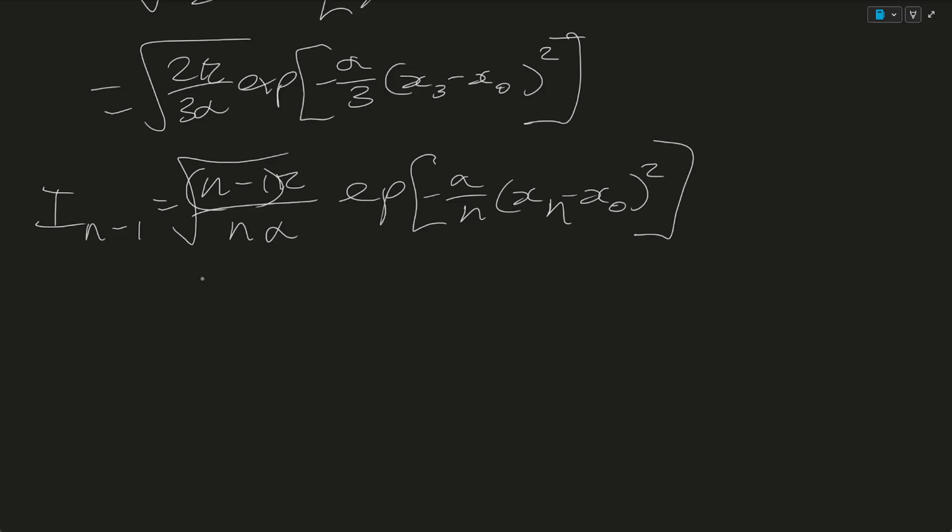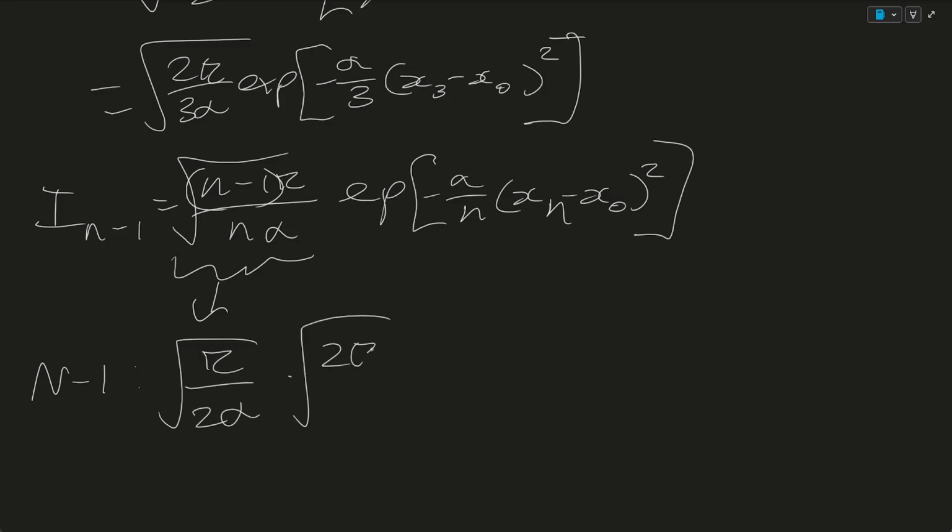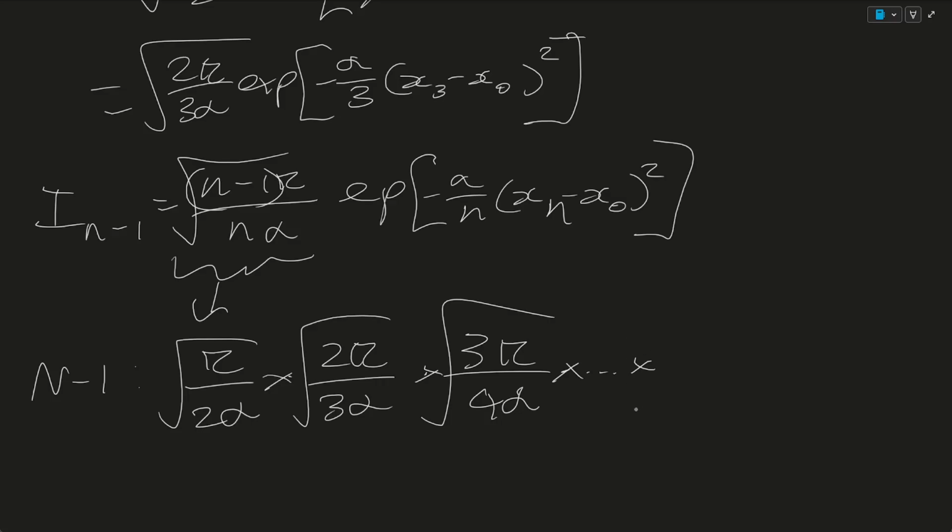So this part, 4 minus 1, would be pi over 2 alpha times 2 pi over 3 alpha times 3 pi over 4 alpha times, all the way up to, let me put those in just to make it clear, root of n minus 1 pi over n alpha.